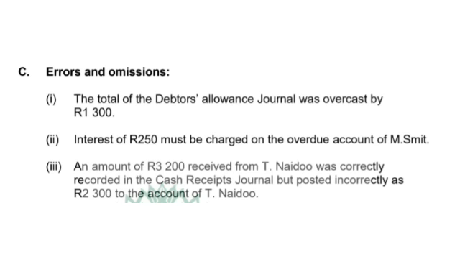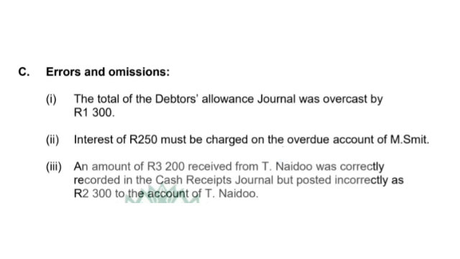Roman figure 2 says an interest of 250 must be charged on the overdue amount of M. Smith. So that means we are going to add the interest, because that means M. Smith now owes us an extra 250 for not paying their account on time.